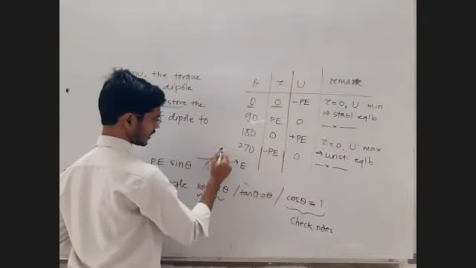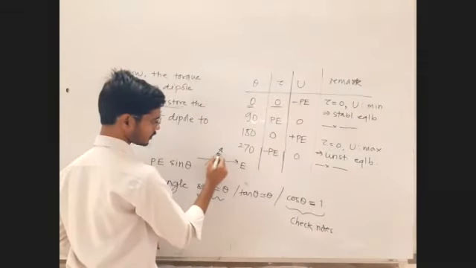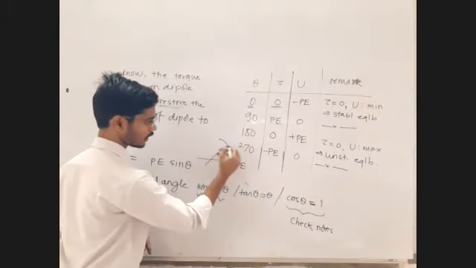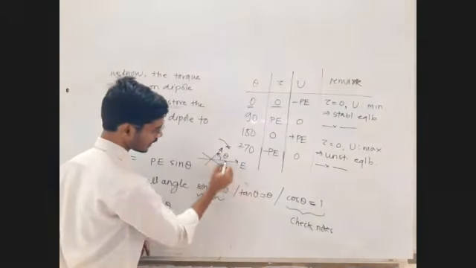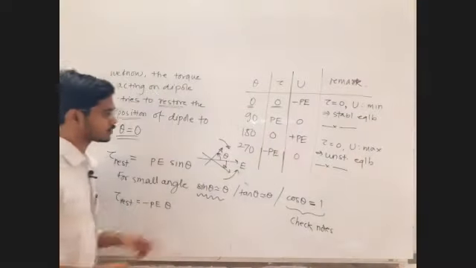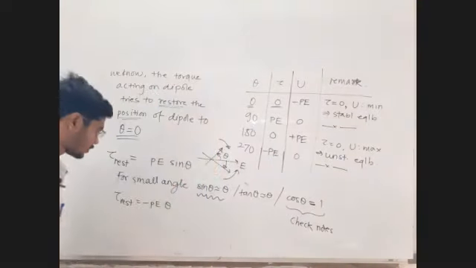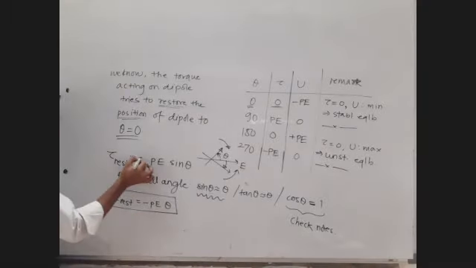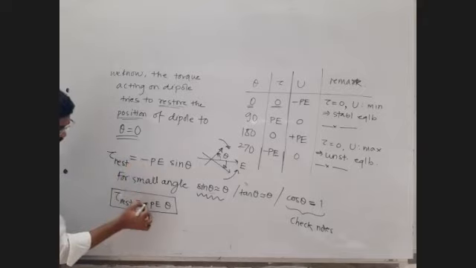This is the direction of dipole. If this is the angle anti-clockwise, then the torque will say rotate clockwise. So this angle and the torque are opposite to each other. So here you will write it with a minus sign. So just carry this minus sign upward.